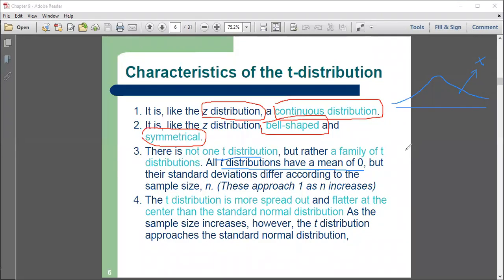In the Z distribution, the mean is equal to 0 and the standard deviation is equal to 1. But in the T distribution, the mean is 0, but the standard deviation is not known, or unknown.